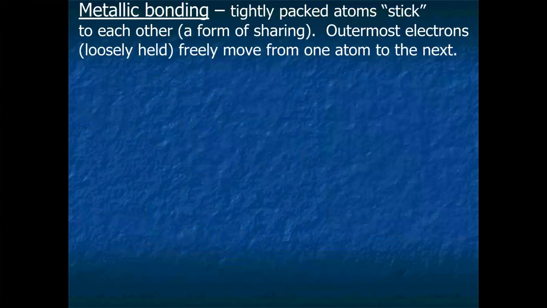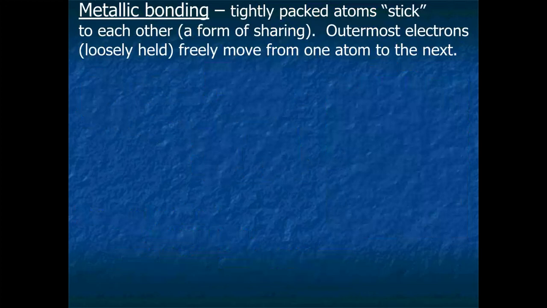And so we need to come up with a chemical bond that will encompass and describe all the characteristics that we know about a metal. Because remember, chemistry is a man-made subject that describes the behavior of material.